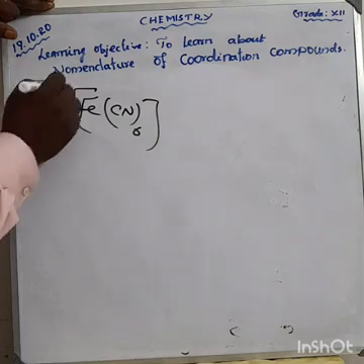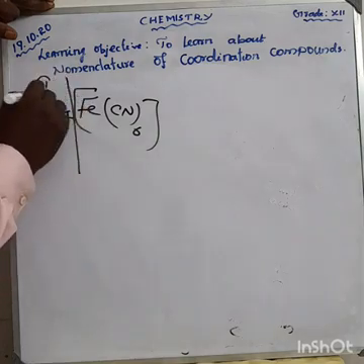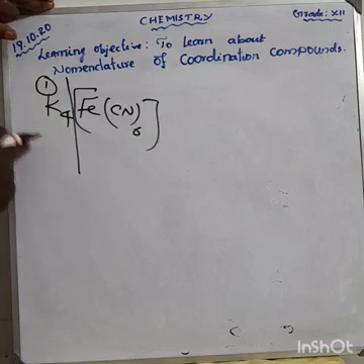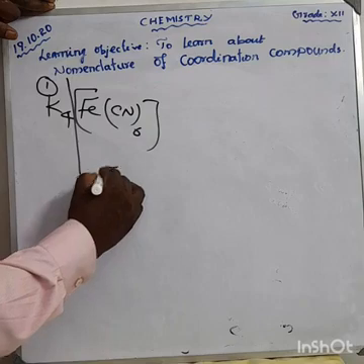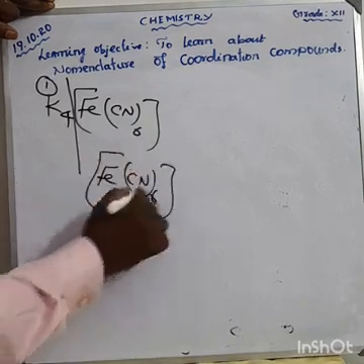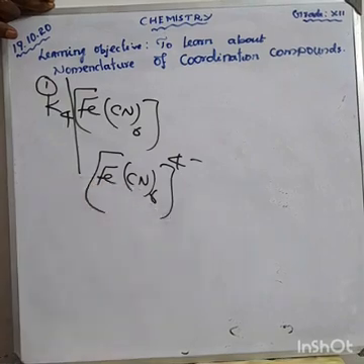I told you the first priority goes to the simple cation. The second priority is [Fe(CN)6]4 minus, the coordination entity.